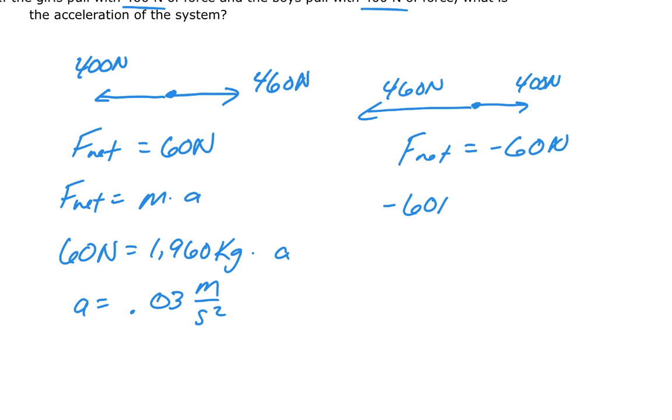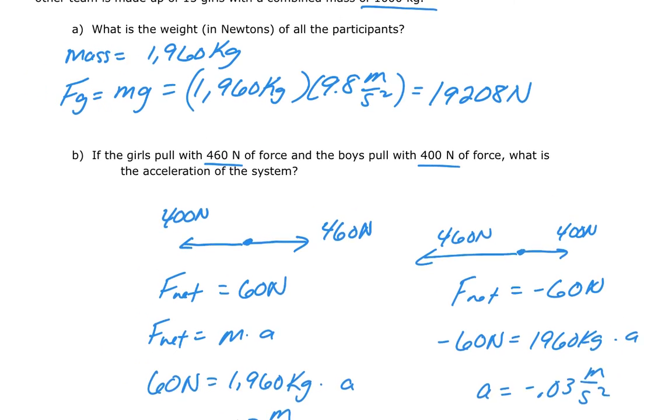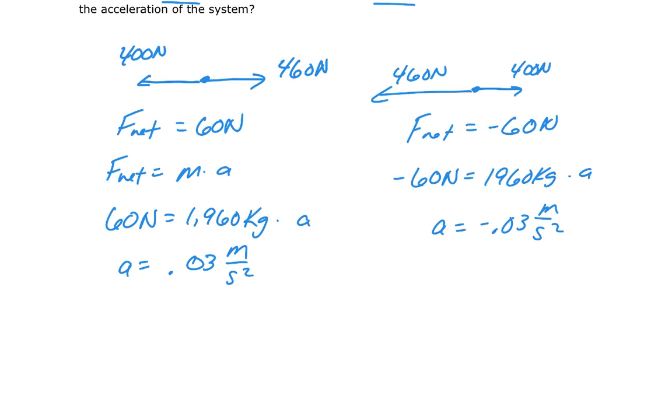So that negative 60 newtons would have equaled the 1,960 kilograms times the acceleration, and our acceleration would be negative 0.03 meters per second squared, which is fine. That just means that we're accelerating to the left. So it doesn't really matter which direction you go. You just have to remember your signs.